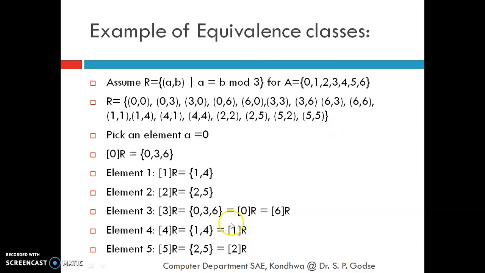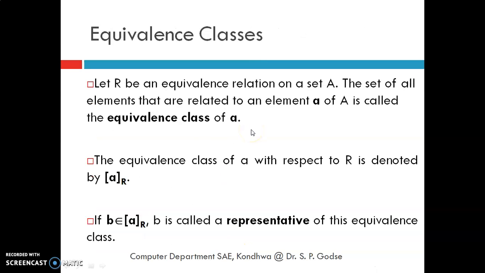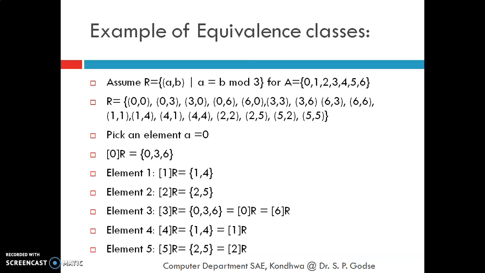So if you check, the equivalence class of element 4 is equal to the equivalence class of element 1, and the equivalence class of element 5 is equal to the equivalence class of element 2. Both contain the same elements. So this is about equivalence relation on set A.